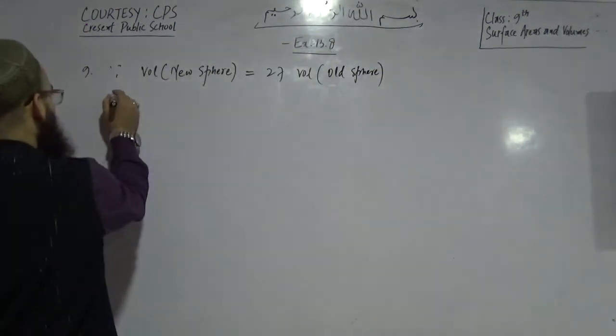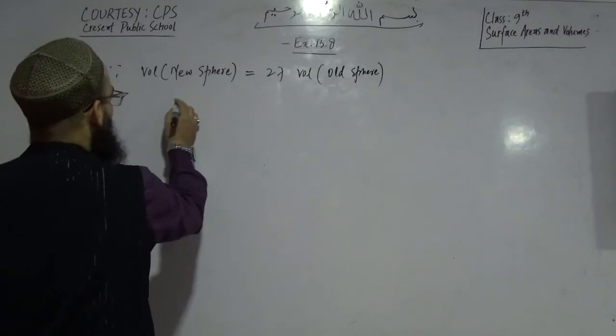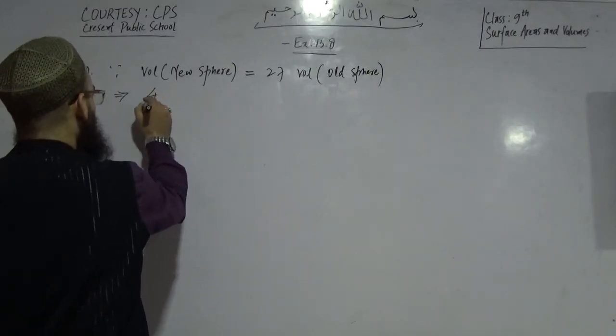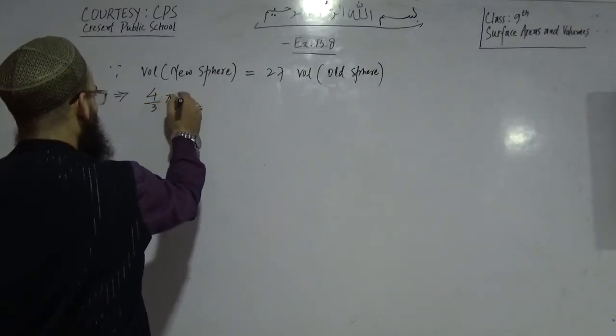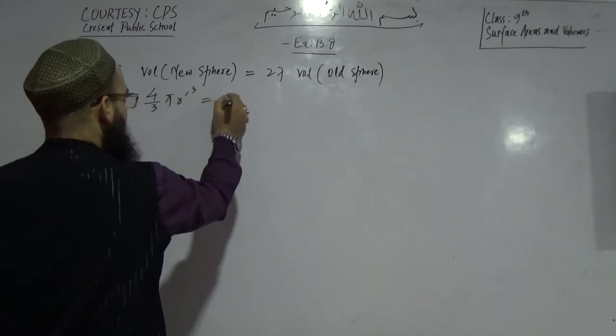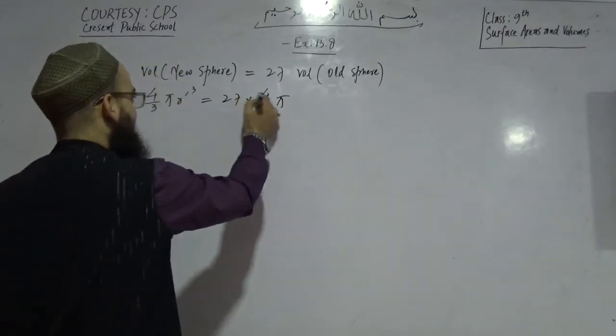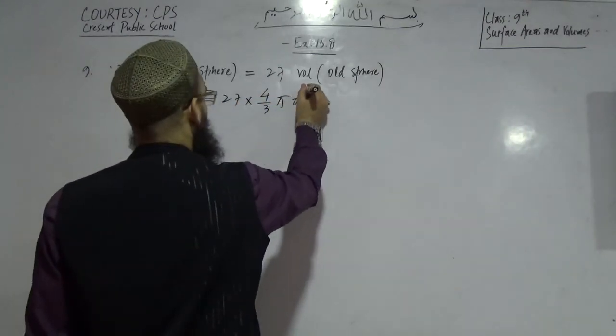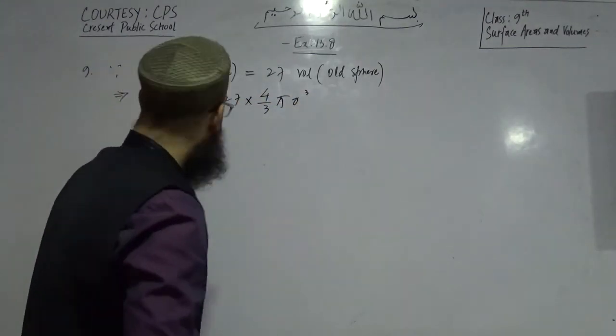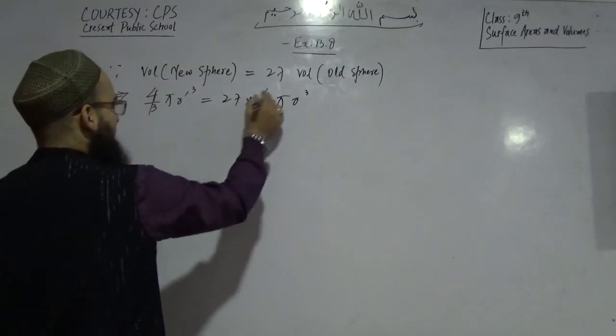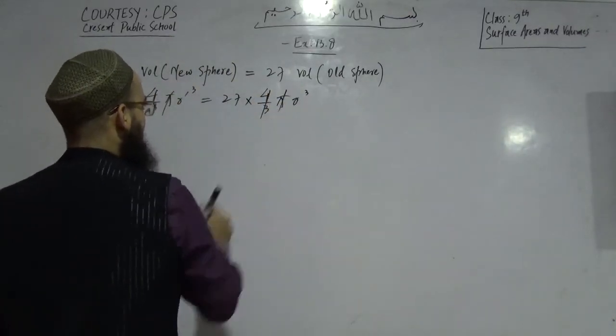Which implies that 4 by 3 pi r dash cube is equal to 27 times 4 by 3 pi r cube. 4 by 3 gets cancelled, pi and pi get cancelled.